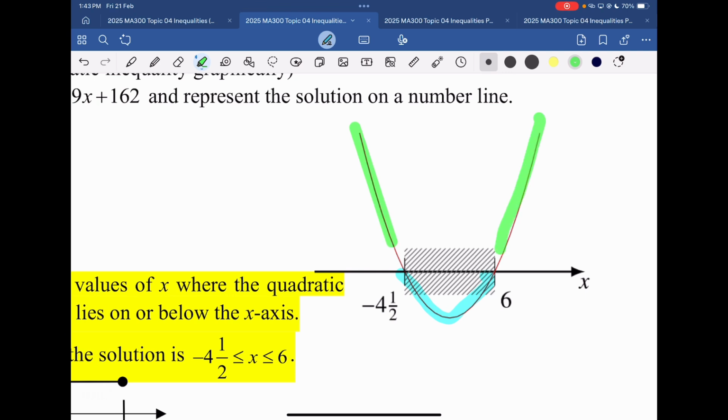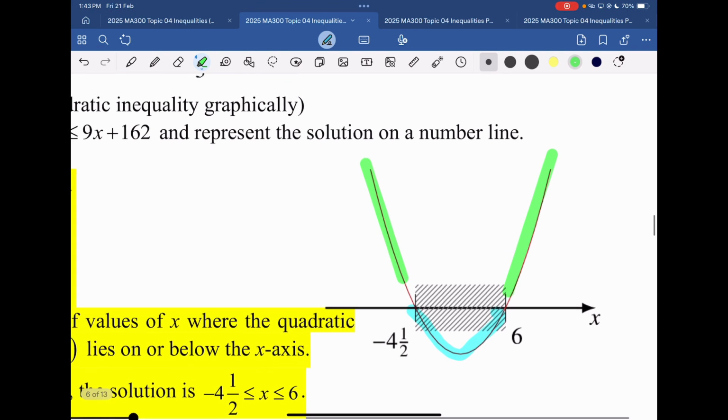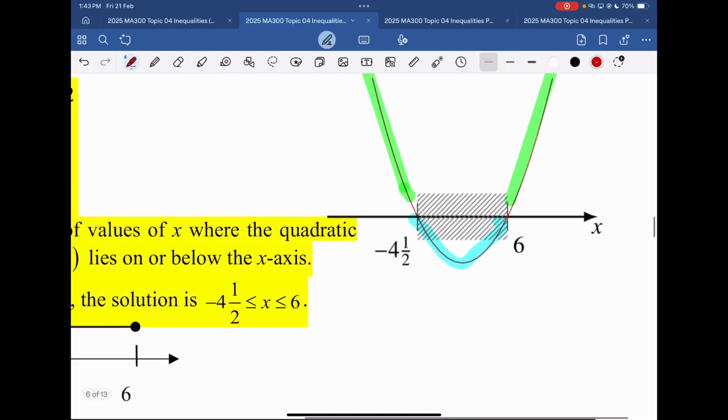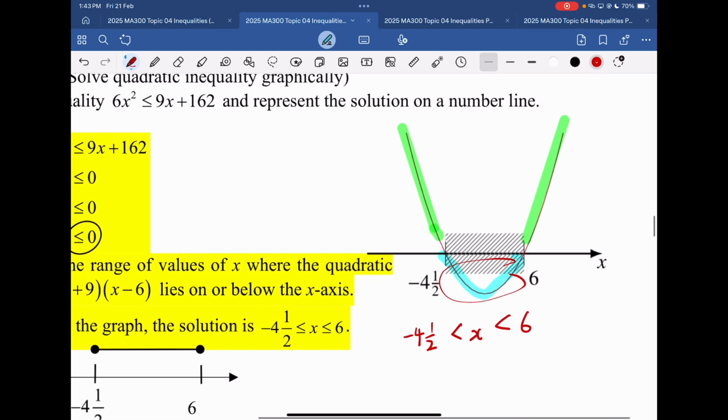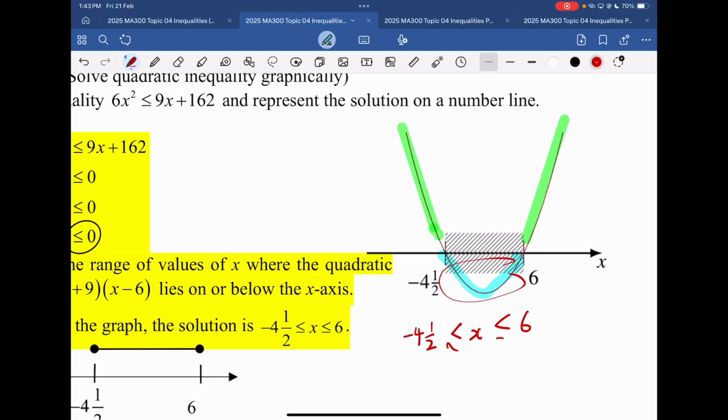Blue or green? Y value less than 0. Here in the blue region, my x has to be bigger than negative 4.5 and less than 6. That's why I know that I can use this answer.